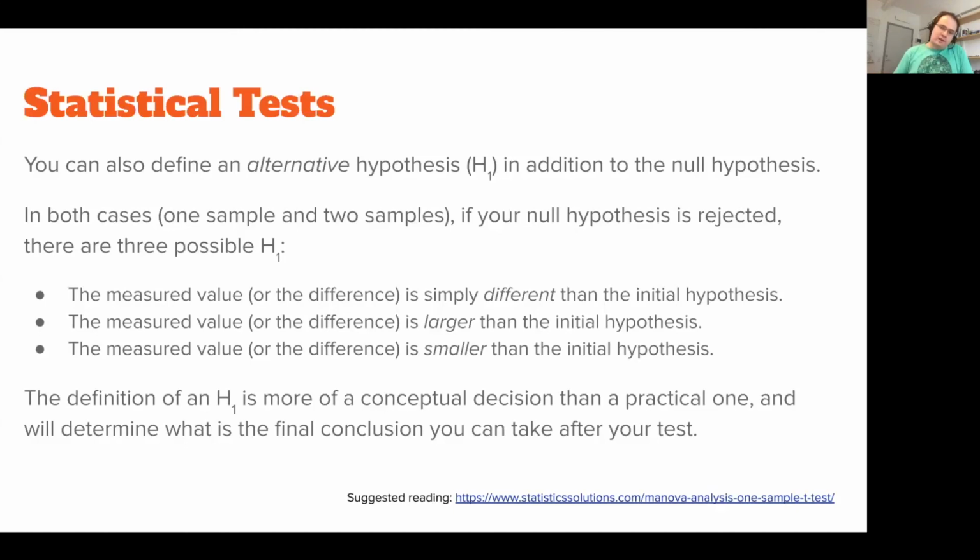In your case, that is not enough. In that case of the example, why not? Because you need the performance of the group which is using the tool to be better or larger than the original one, the people who are not using your tool.